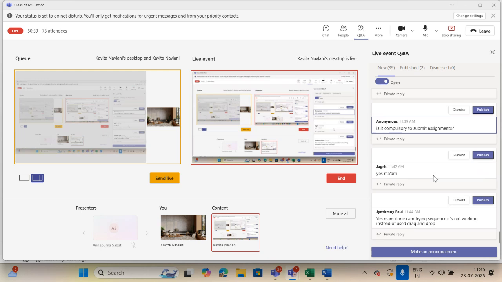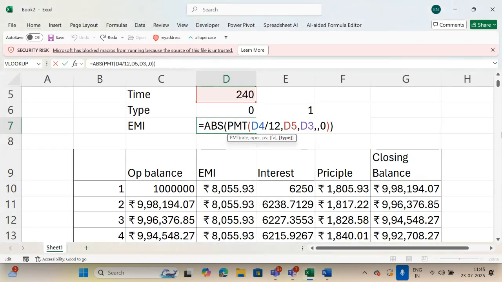Yeah, sequence is again a new function which is only available in Excel 365. This is the new function available in Excel 365, so don't try it. Just use drag and drop.